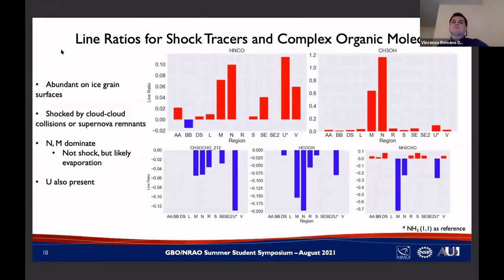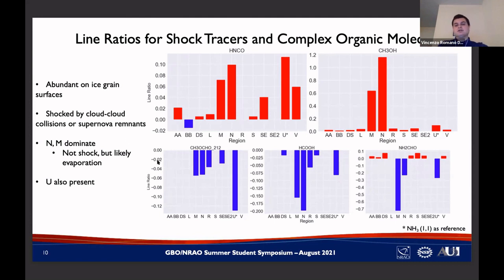Another set of star formation tracers are shock tracers and complex organic molecules. They're both abundant on ice grain surfaces. When a star-forming triggering event, like a cloud-cloud collision or nearby supernovae, occurs, it shocks the shock tracers and complex organics in the cloud and disperses them throughout the cloud into a gas phase, and therefore they can trace the star formation.